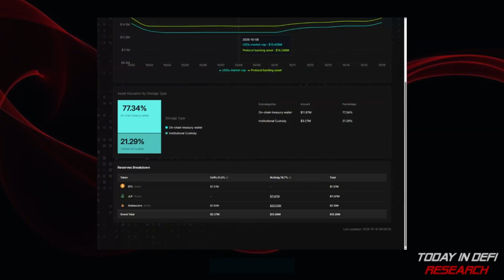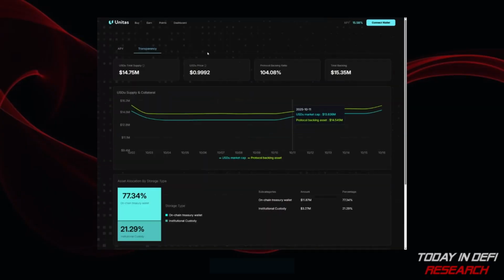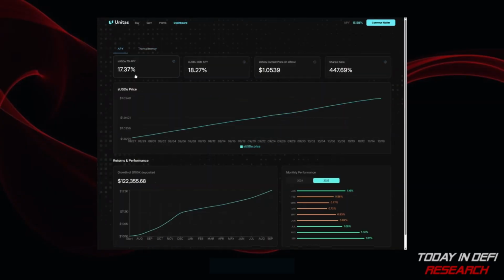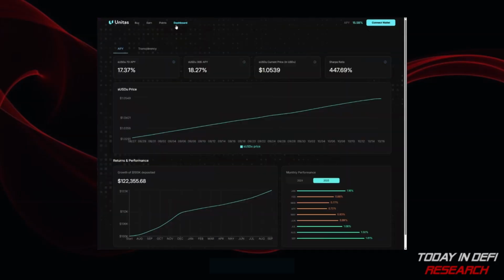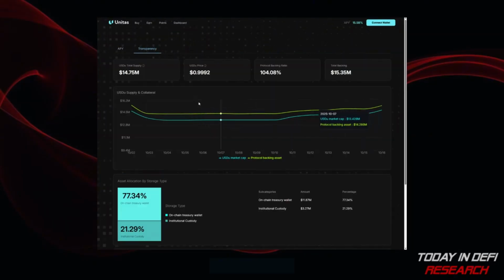Using JLP as the underlying collateral is good in the sense that it generates a much higher yield. You can see it's actually 17%, which is much higher than USX by Solstice, at only 7.7%. However, you can see the TVL is not growing very fast. The TVL right now is around 15 to 16 million.